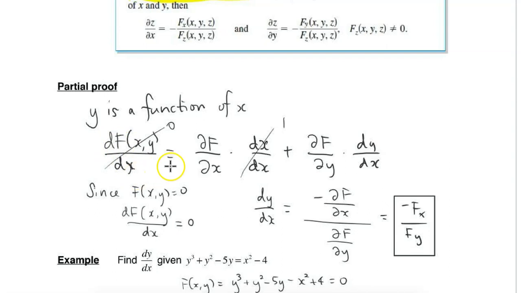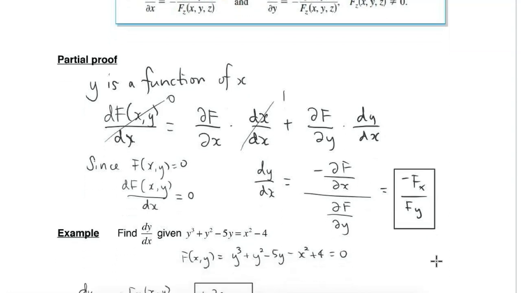But we can also look at the tree diagram and write it as partial F partial x times dx/dx plus partial F partial y times dy/dx. Now dx/dx is equal to 1, and that is equal to 0, so by moving things around we get what we were looking for. dy/dx equals negative partial F partial x over partial F partial y, and that is what we will use in the example below.